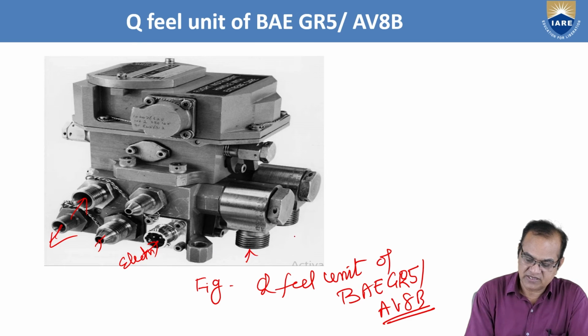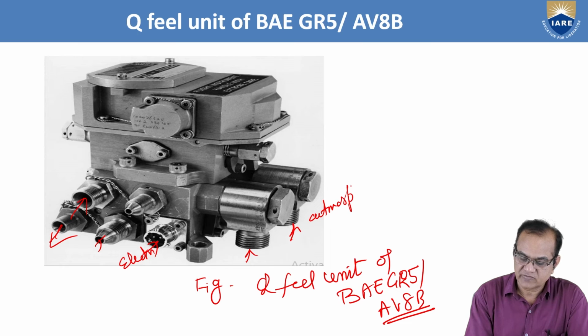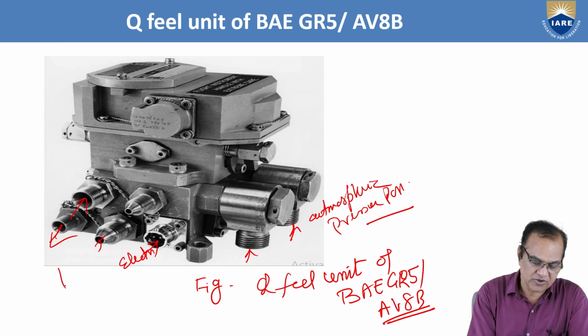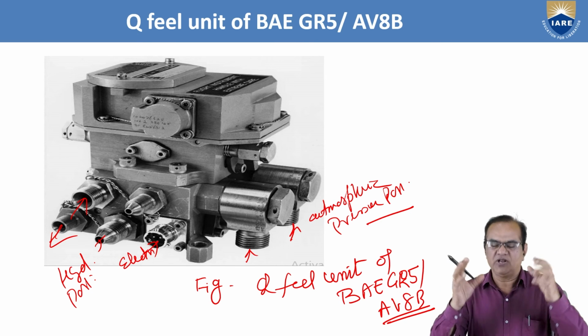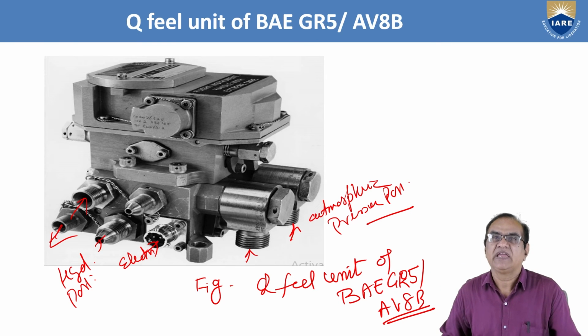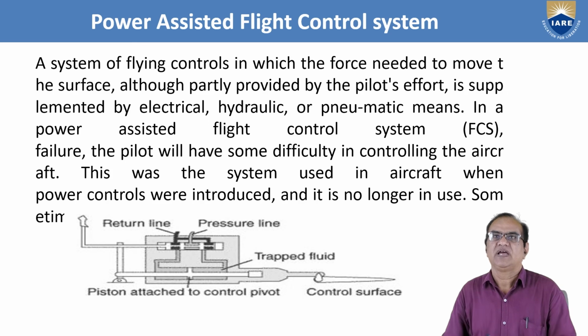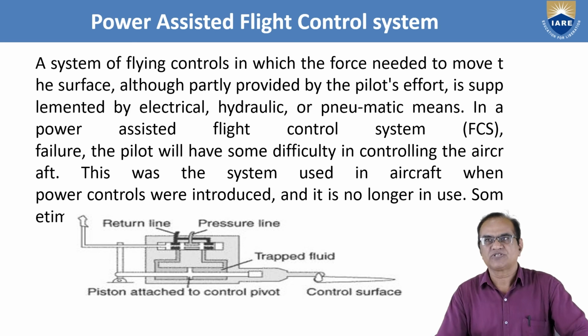These are all the atmospheric pressure ports, and here are the hydraulic ports. All these things are operated, and it is a very small unit, and this is giving the feel to the pilot.